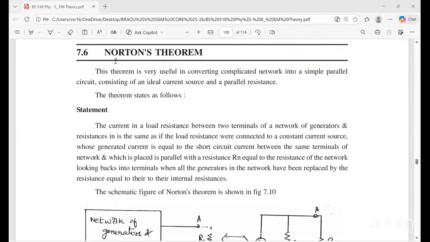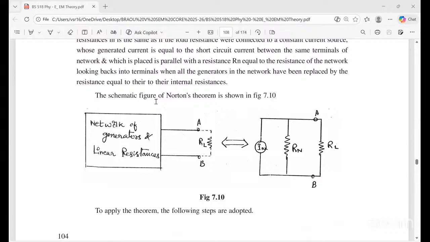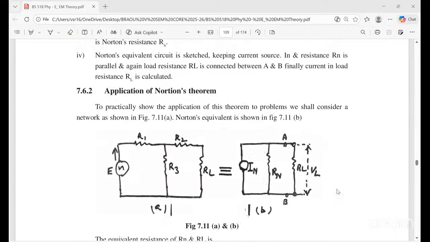So IN value. See here, network of generators and linear resistances. These are the two terminals A and B across the load resistance. This may be replaced by IN here, and before that RN is there, so across the load RL, a simplified form.